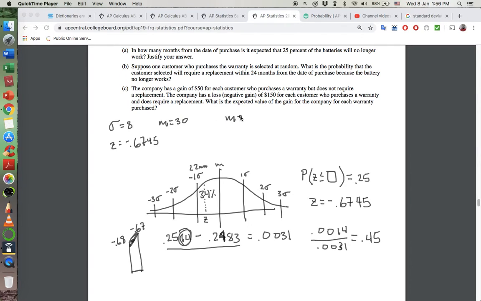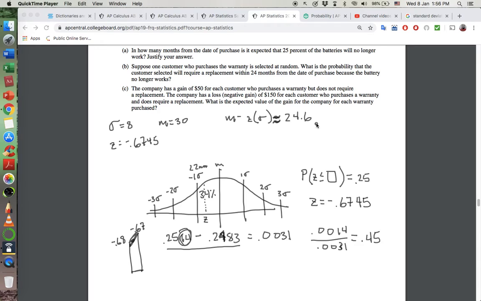So the mean minus z times the standard deviation, or plus the z-score, anyway, is equal to 24.6. The math came out to be 5.396. This is 30. 30 minus 5.396 is approximately equal to 24.6.